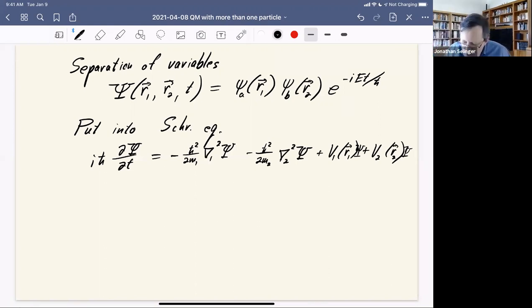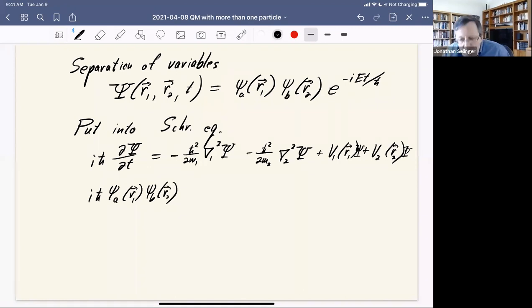Okay, so now if we put in the separation of variables assumption, let's see how that works. So on the left side of this, we have i h bar and a time derivative, okay? So that is here the lowercase psi A of R1 and lowercase psi B of R2.